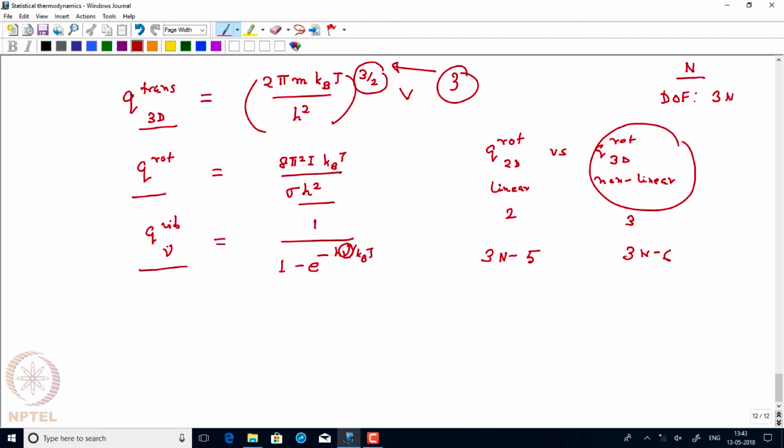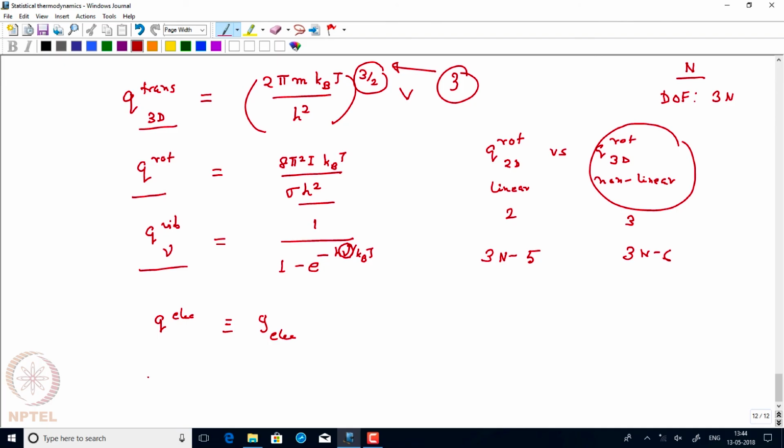The good thing with partition functions is that they are all multiplicative because the energy is additive. And the electronic partition function is equivalent to the electronic degeneracy, because the other part is just 1, which in most cases will be 1.